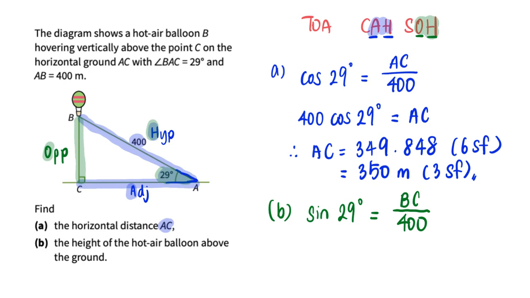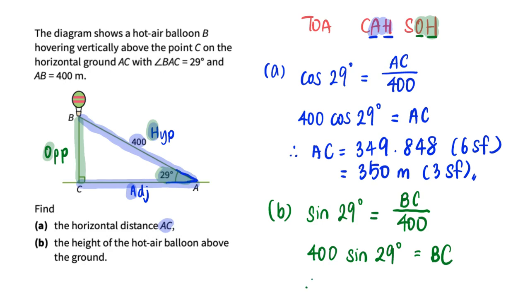And here, replicating what we have just done in part A, I just need to multiply 400 on both sides of this equation to get the length of BC, which happens to be the height of this hot air balloon above the ground.